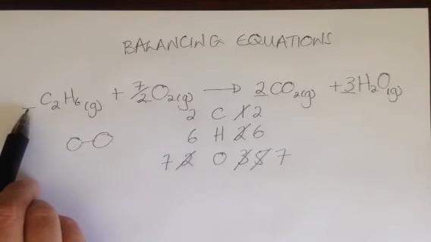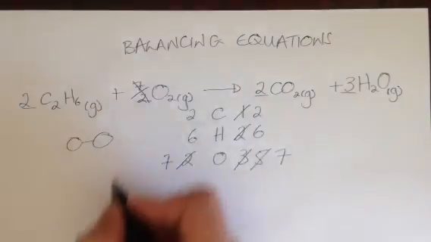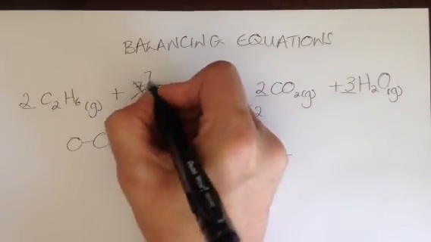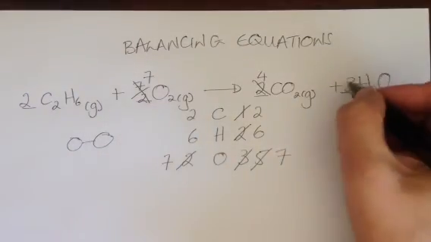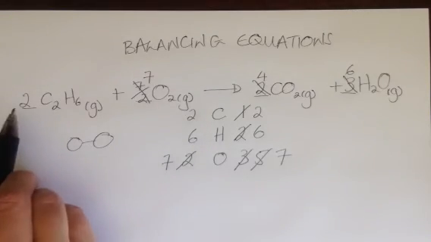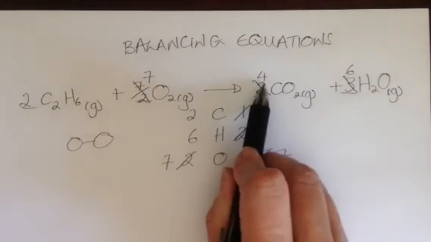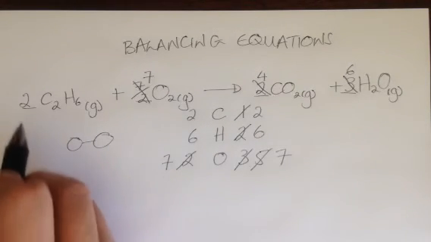So if I'm multiplying 1 by 2, I will get 2. And then I multiply 3.5 by 2, I get 7. 2 by 2, I get 4. 3 by 2, I get 6. So my coefficients are 2, 7, 4, and 6. And those are the lowest whole number ratio of coefficients that will balance this equation.